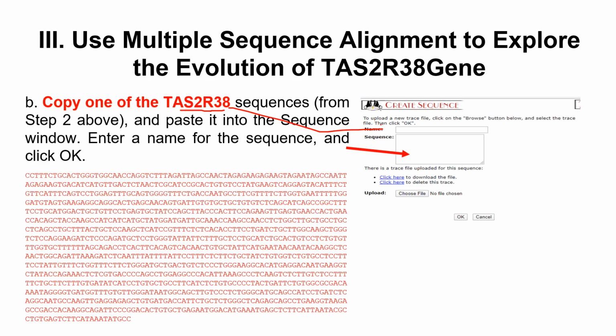If you make names that are very long, the software is not going to accept them, so just make them no more than 20 letters. They will tell you when they are too long. Then copy the sequence, paste it here, and press OK, and the information will appear in a new window.